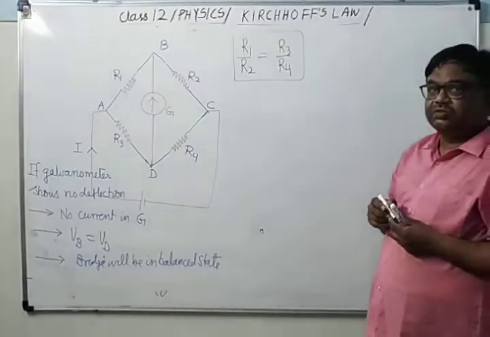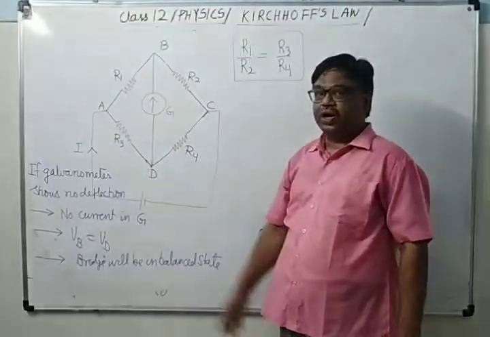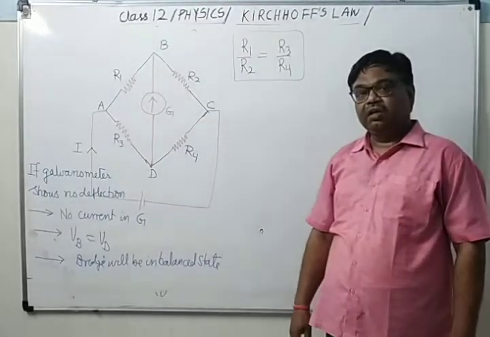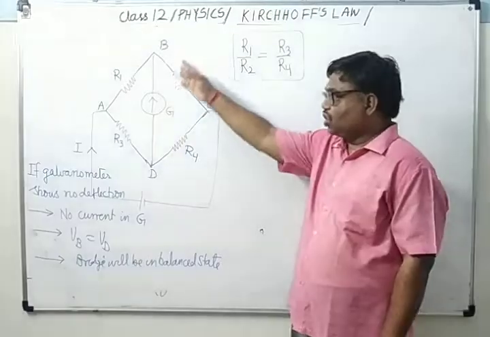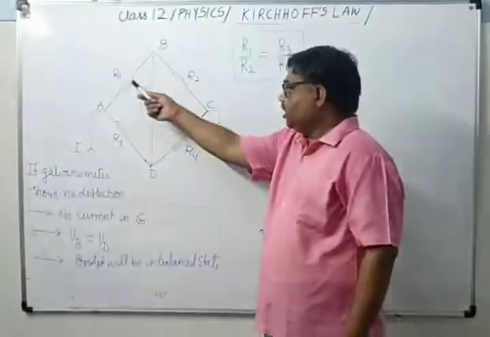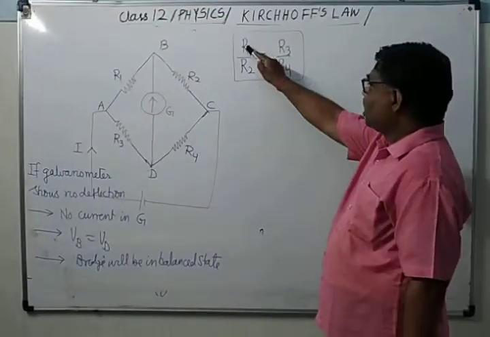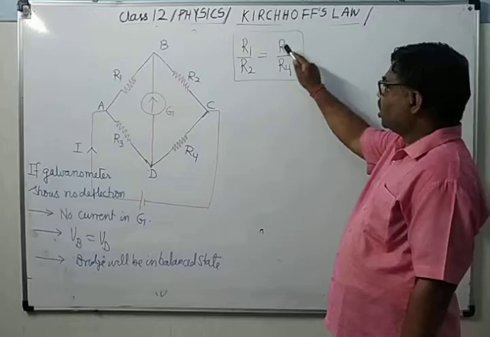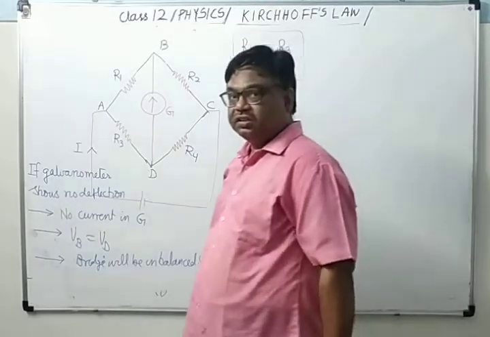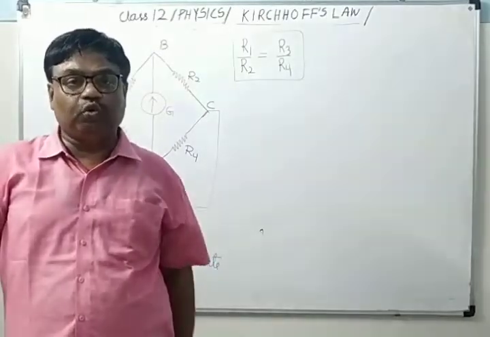Or in other words, if this condition is fulfilled, then point B and point D will be at the same potential, and there will be no current through the galvanometer. Then R1 into R4 will be equal to R2 into R3. You can see R1 into R4 equals R2 into R3. Is it clear? This is the condition of a balanced Wheatstone bridge.